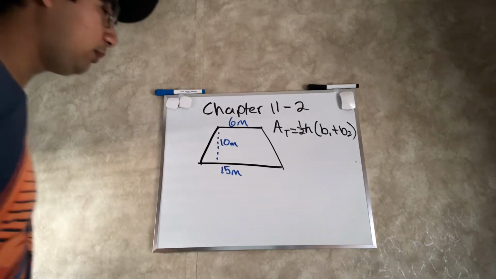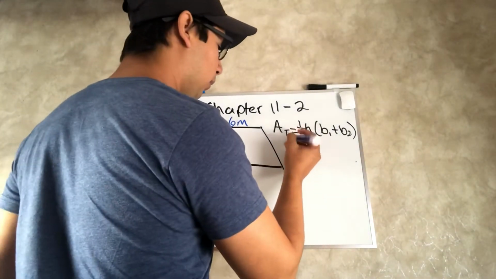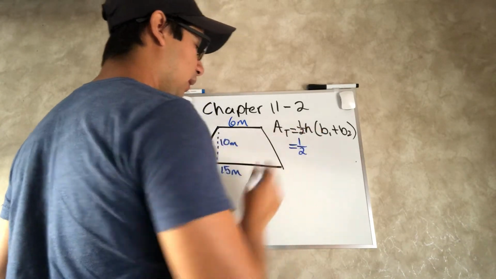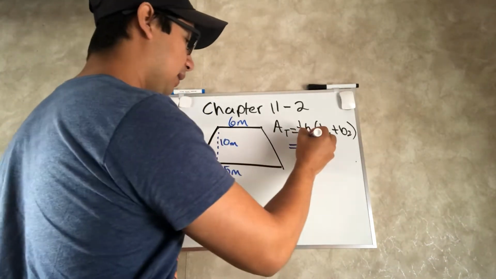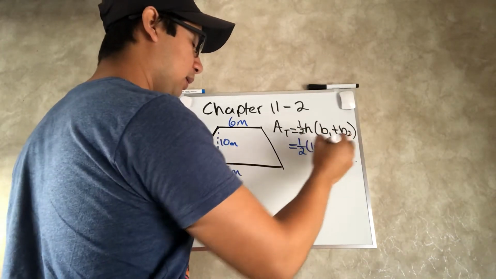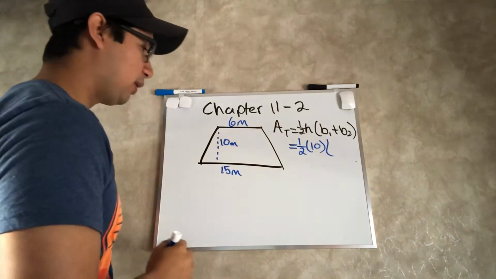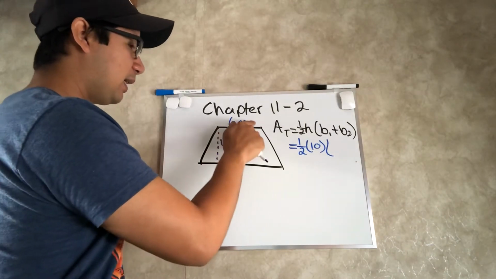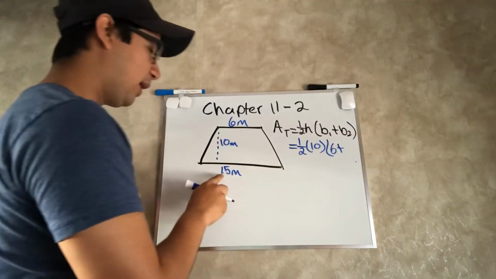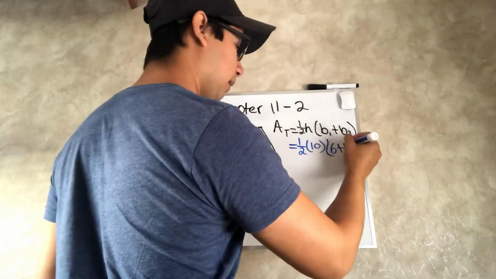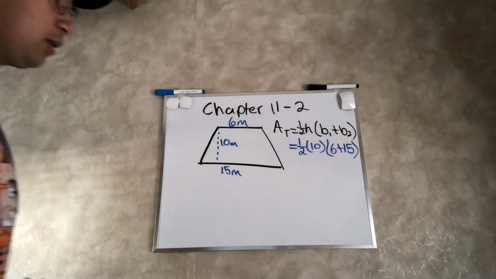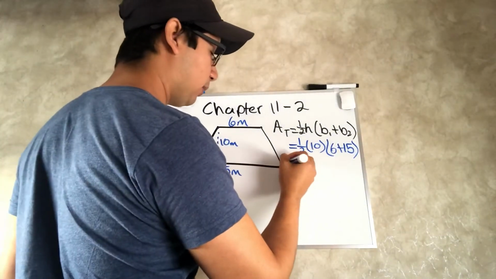The area of the trapezoid equals 1/2 times your height, so my height is 10, times your base 1 plus your base 2. Well, base 1 is 6, my base 2 is 15. Okay, so now let's go ahead and continue solving it out.